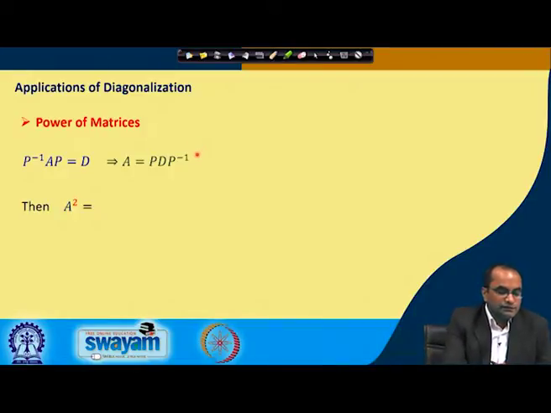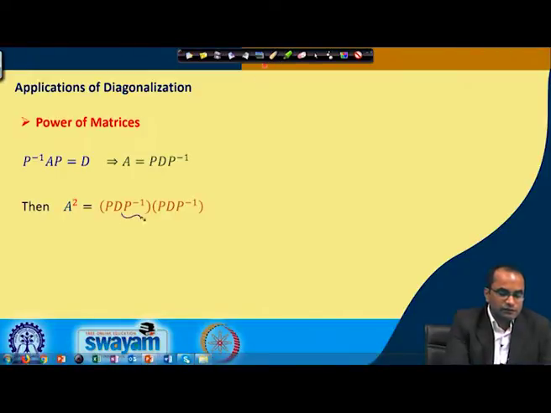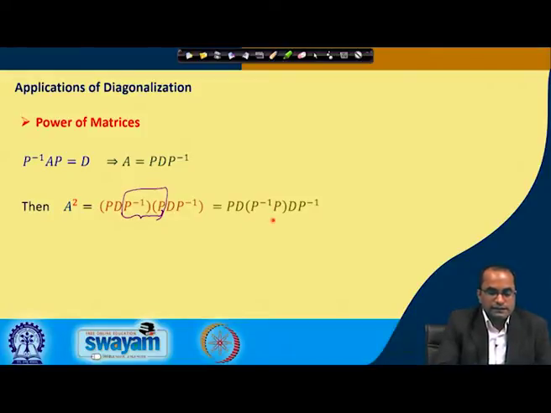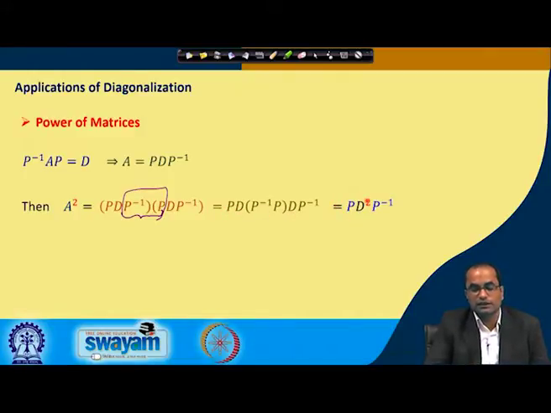Having this relation, if we want to get A power 2 or A square, we need to multiply P D P inverse with P D P inverse, and with the associativity property of the product, we realize that P inverse P is there, which we can replace with the identity matrix, and then we get P D D P inverse, meaning P and the power of this diagonal matrix.